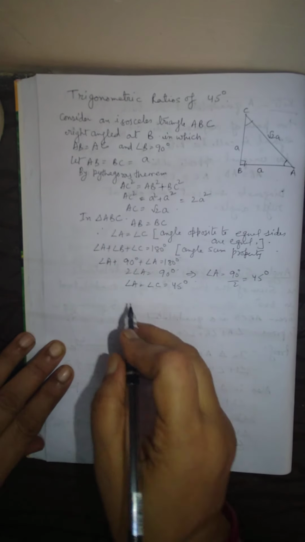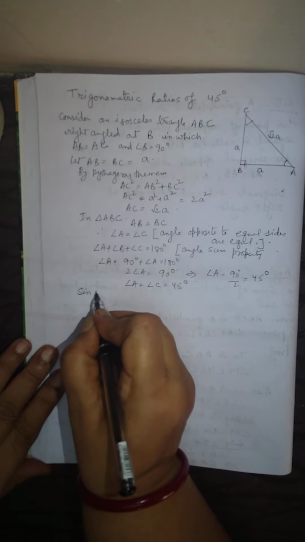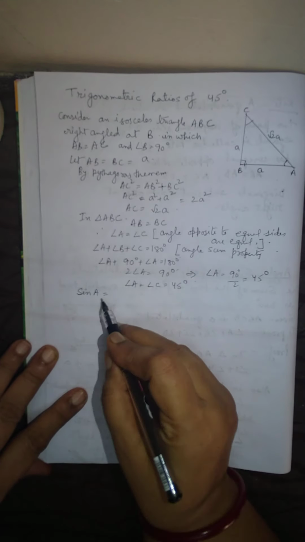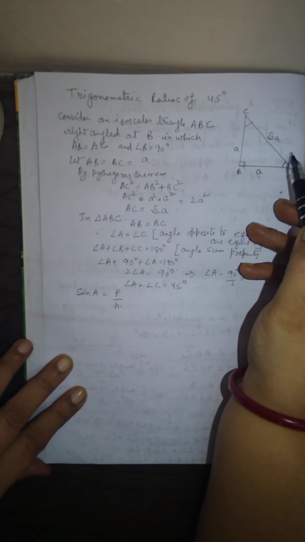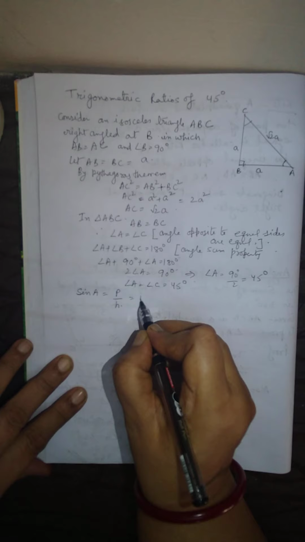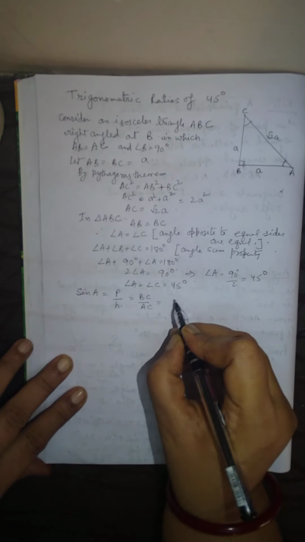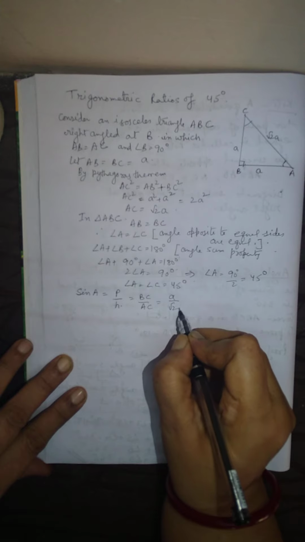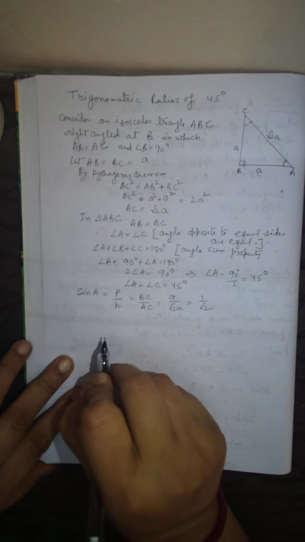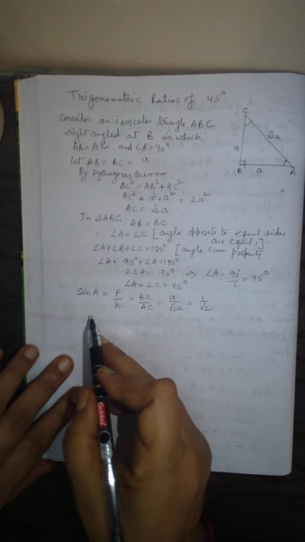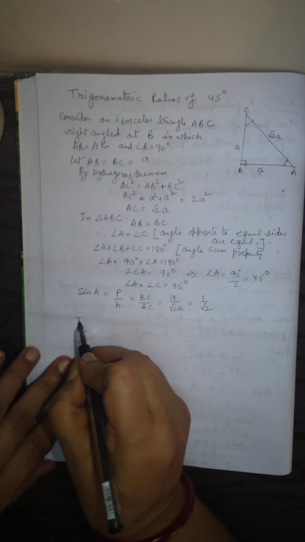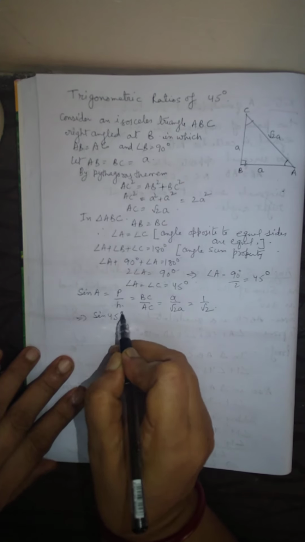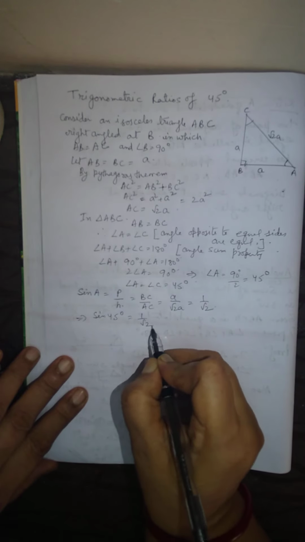Now we have to find sine of angle A. What is sine of angle A? That is your perpendicular upon hypotenuse. So here the perpendicular is BC and the hypotenuse is AC. So that is BC by AC, that is A upon root 2 A, that is 1 by root 2. Or this implies sine of 45 degree equals 1 by root 2.